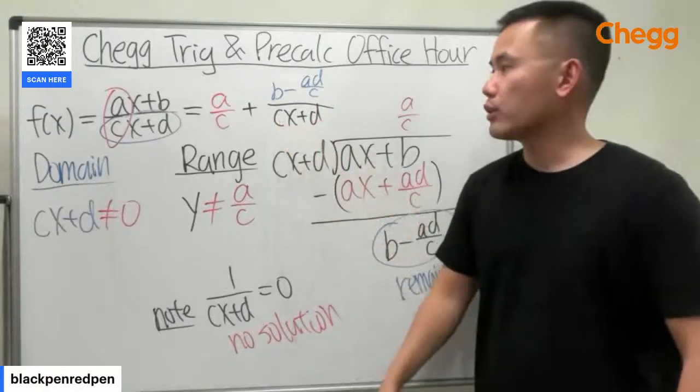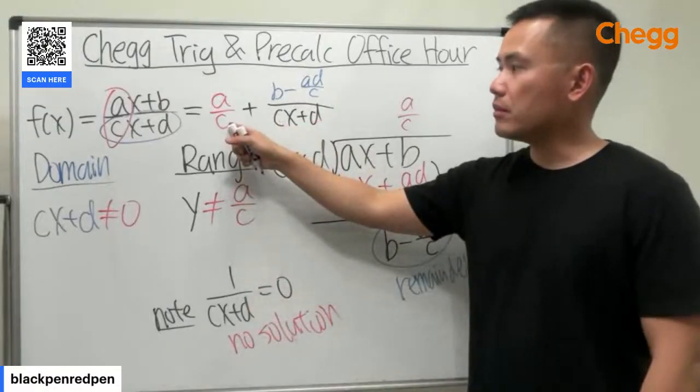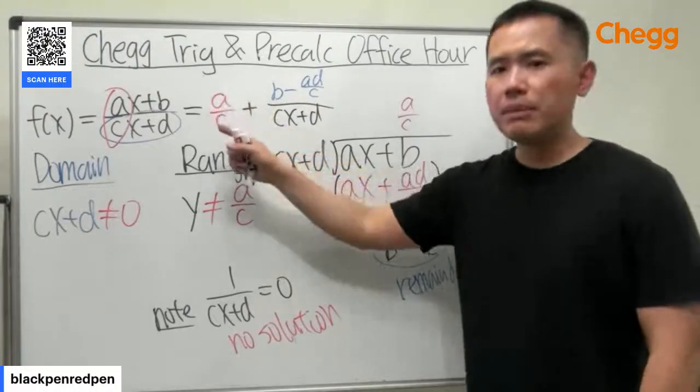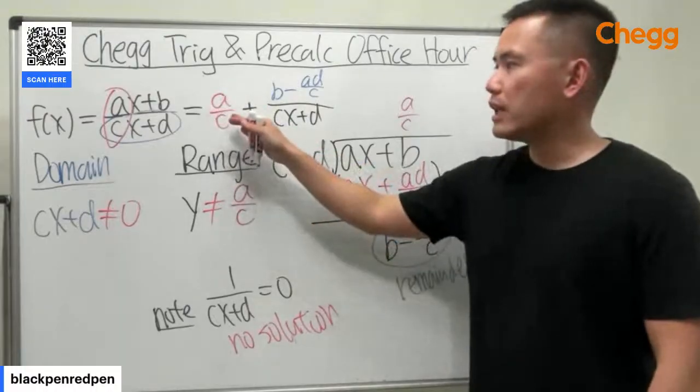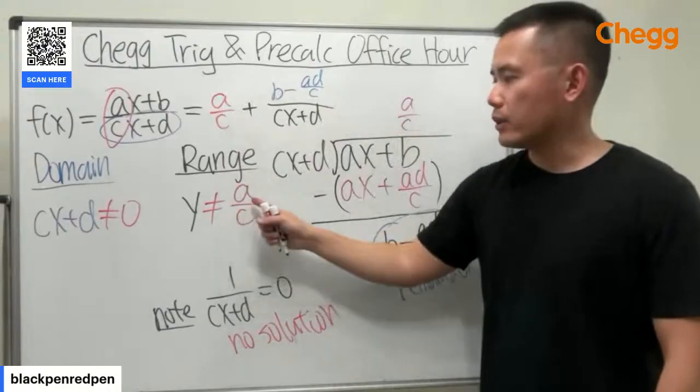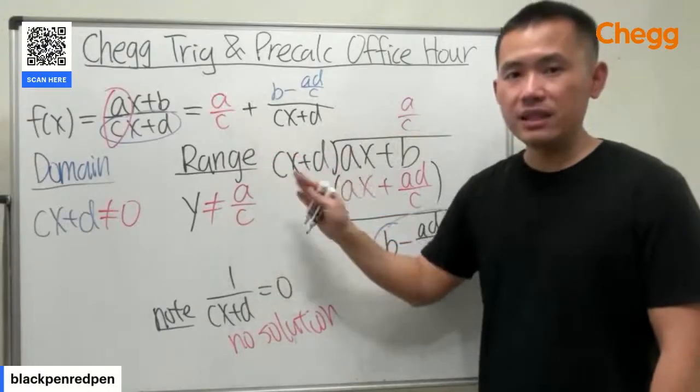So this portion will be really, really small, but it's not going to be equal to 0. So the final thing that you are going to get is just that you have this portion, but you will never be able to reach that. That's why the y value will not include A over C, but anything else is okay.